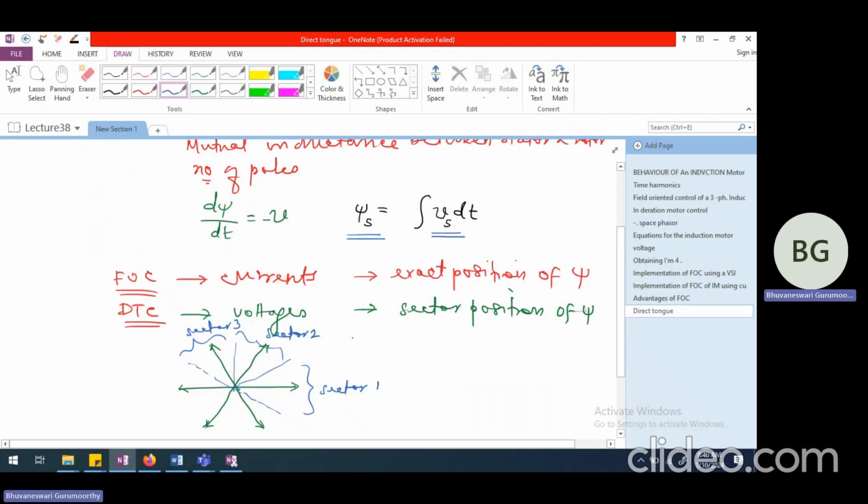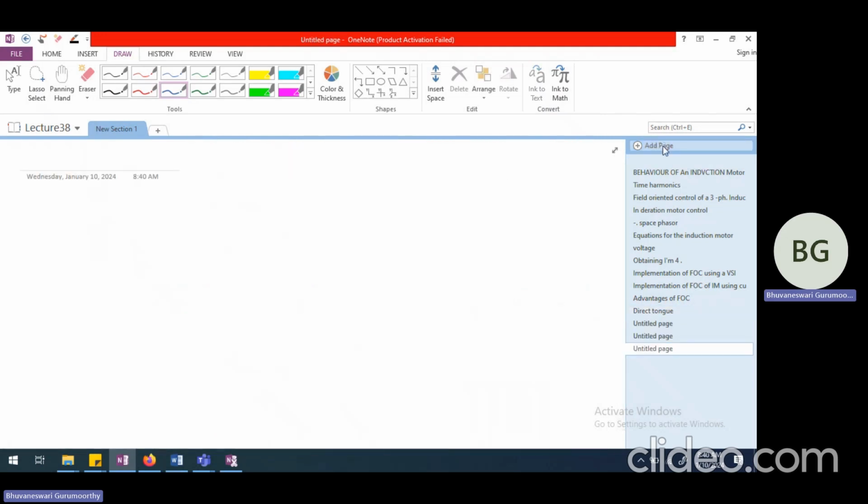So let us now try to see what exactly we mean by direct torque control and how we implement it.